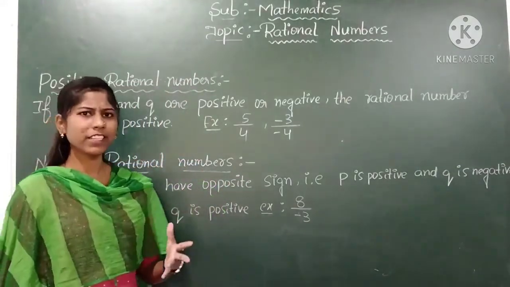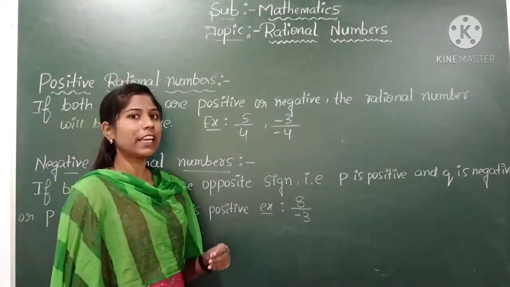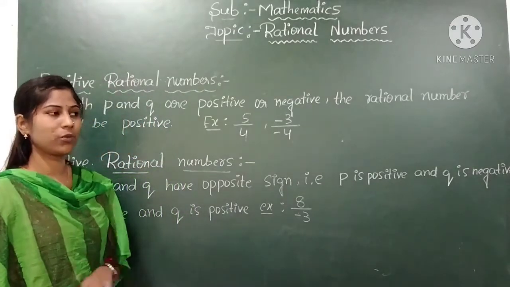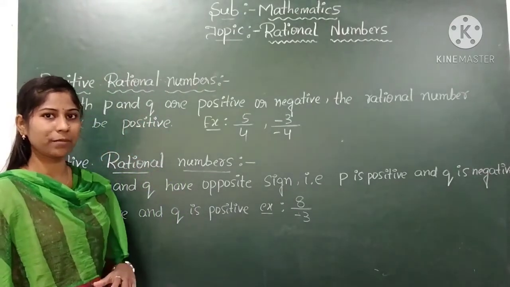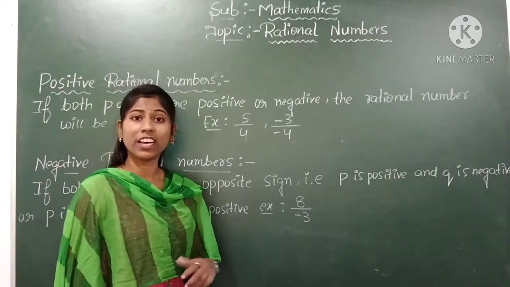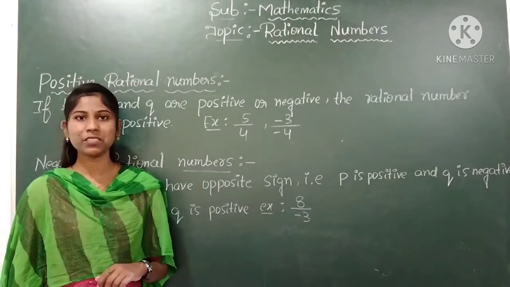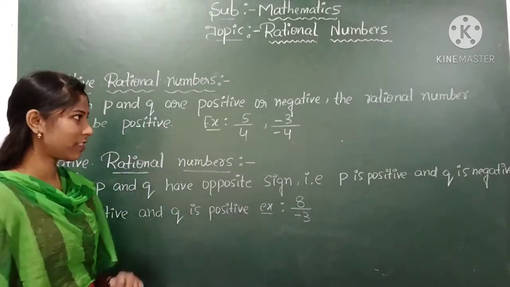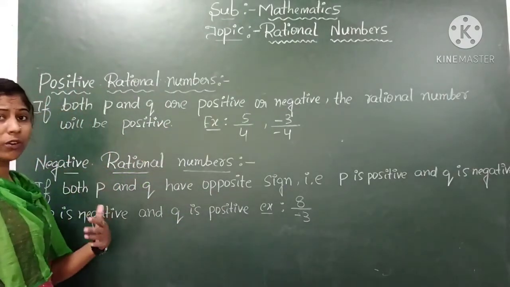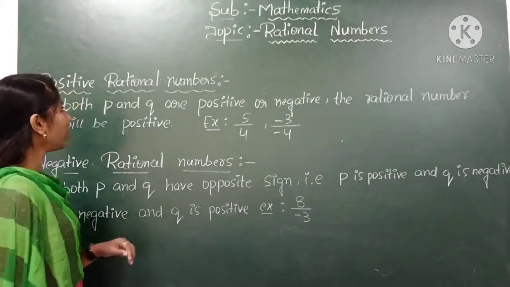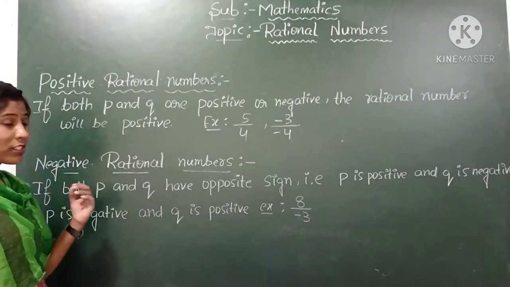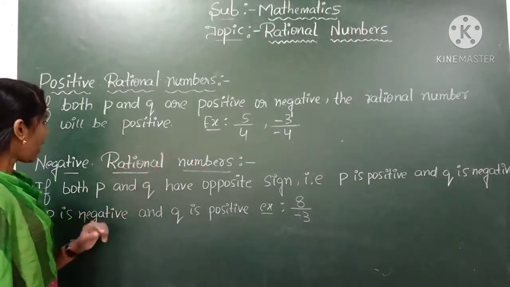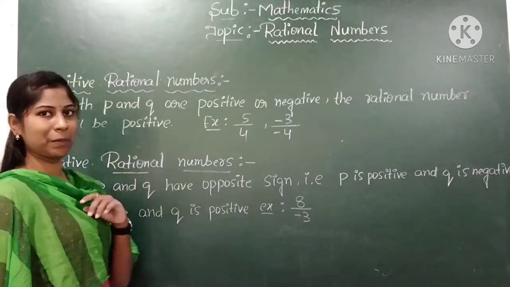So in the previous class we discussed equivalent rational numbers. What are equivalent rational numbers? Yes, exactly. They look different, but the value is the same. Those are equivalent rational numbers. Here, let's go with another important concept, that is positive rational numbers and negative rational numbers.